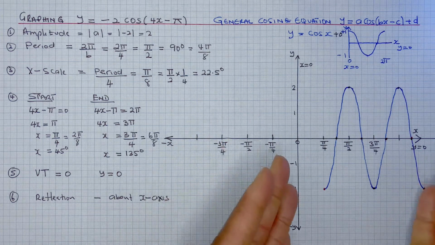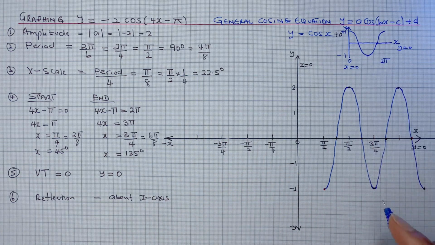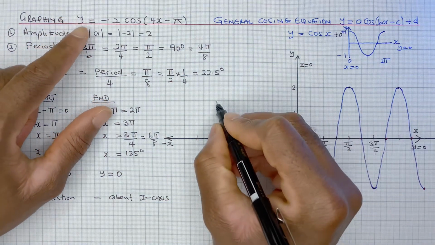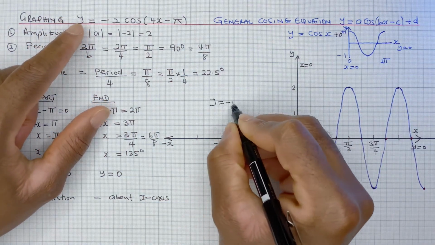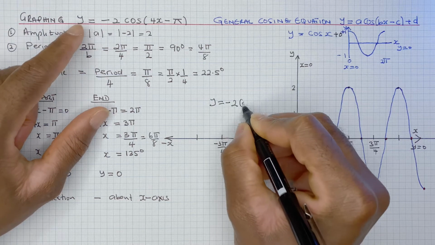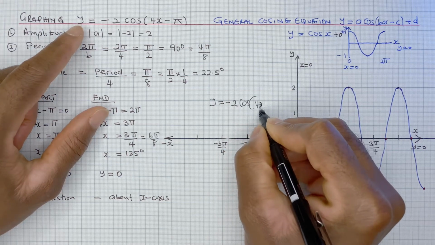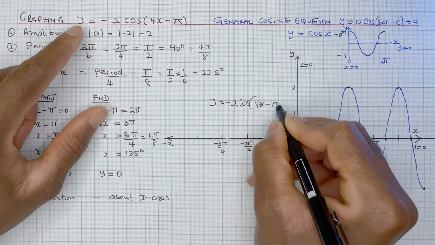So now that's two periods. We've just drawn two periods. So that's the graph of y equals minus 2 cos 4x minus pi.